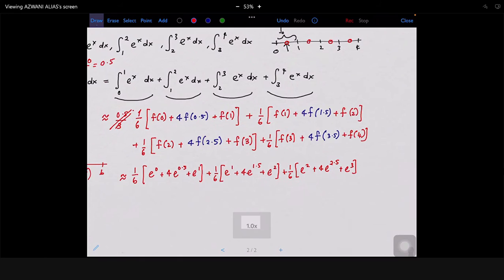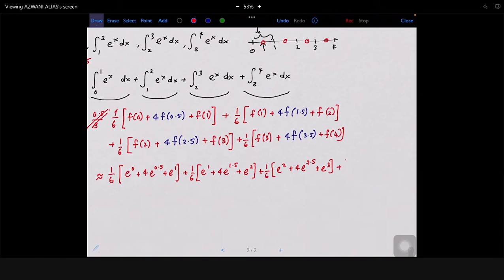Okay, so the last one plus 1/6 exponent 3 plus 4 exponent 3.5 plus exponent 4.